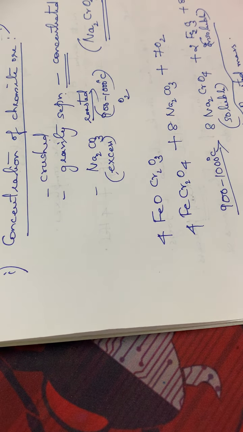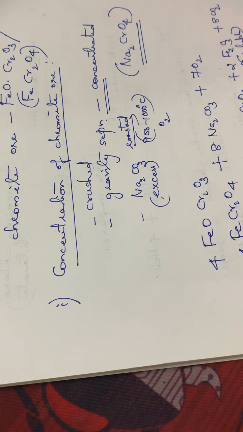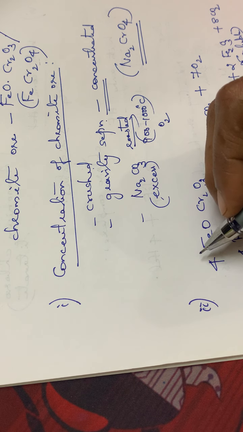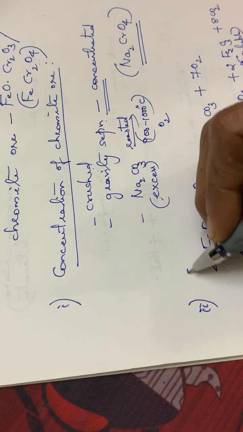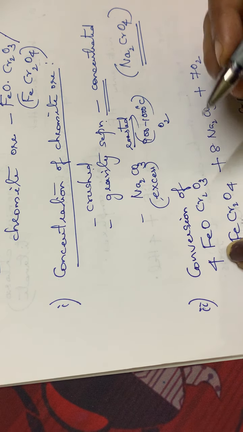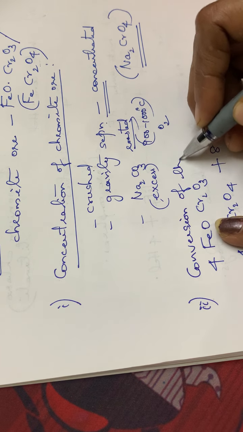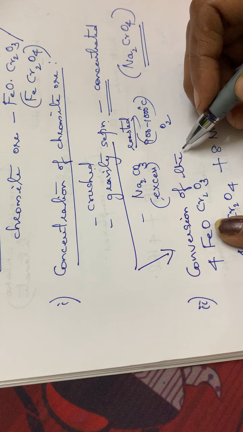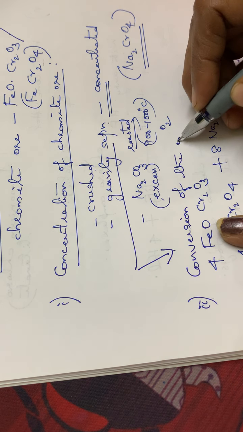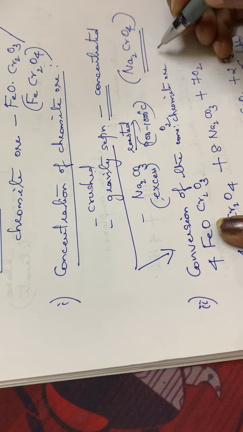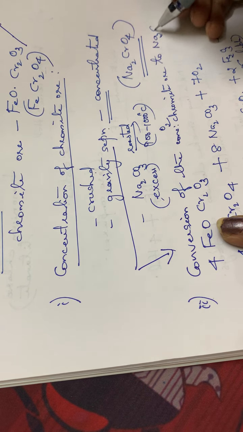Here, this is the second step: conversion of the concentrated chromate ore to sodium chromate, Na2CrO4.